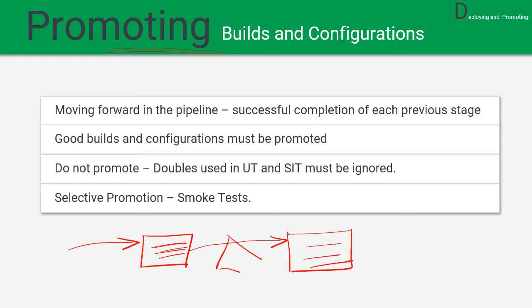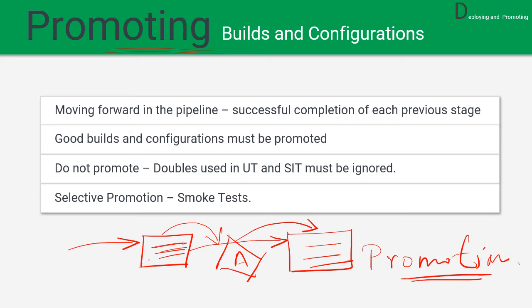There will be a gate in between, and there will be an authority there who will decide whether this software deserves to move to the next stage. This process of sending one build to the next stage is what you call promotion, right? A build is being promoted from one stage to the next stage.